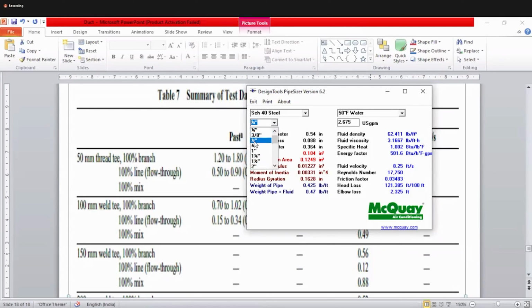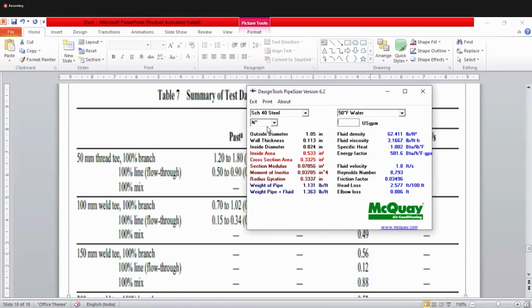So we will select 1/2 inch, 2.675. Now we are getting the fluid velocity below 4 feet per second. Yeah, it's okay. But the head loss is more than 4 feet per 100 feet. So again we have to increase the size, to 3/4 inch.